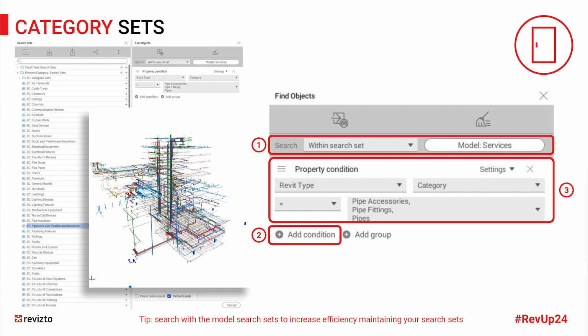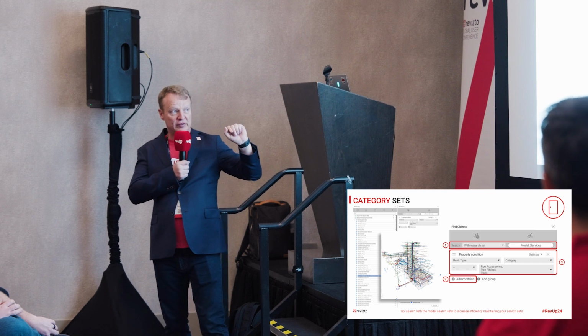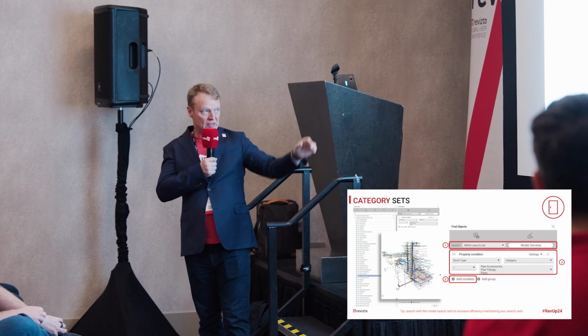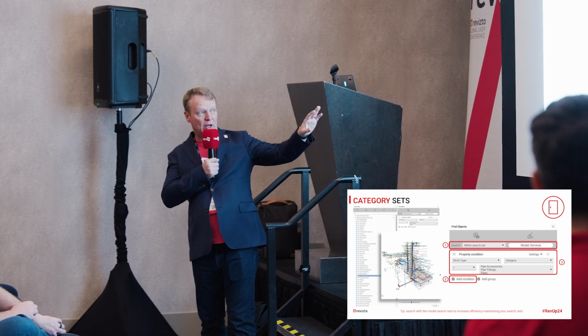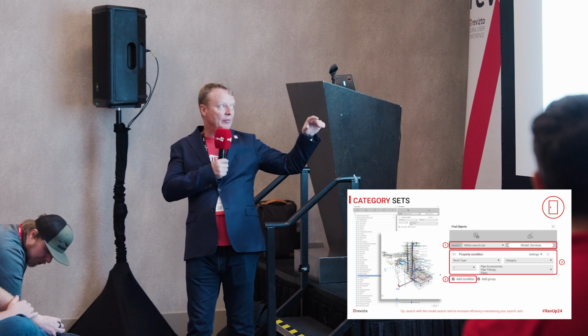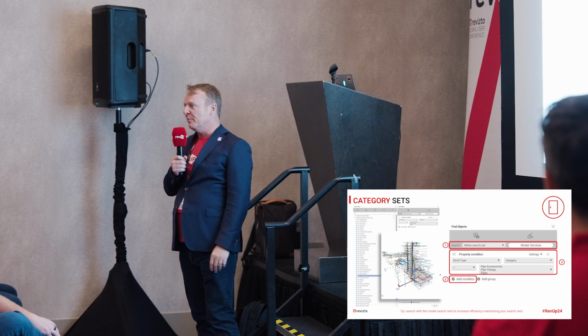Expanding on to the categories. So you can see here it's searching inside the services model at the top. So step one, search within search set. And it's now searching inside the services model. And then I'm specifying which categories that I want for this search set. So this is looking for pipe work. So it's the pipe accessories, pipe fittings, pipes. I often exclude pipe installation.